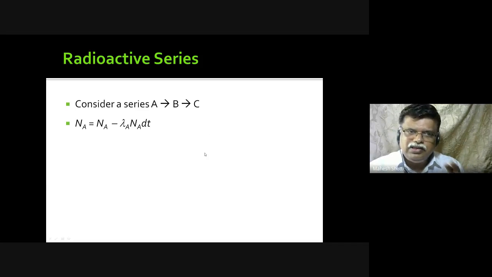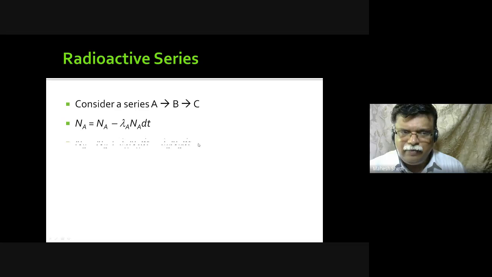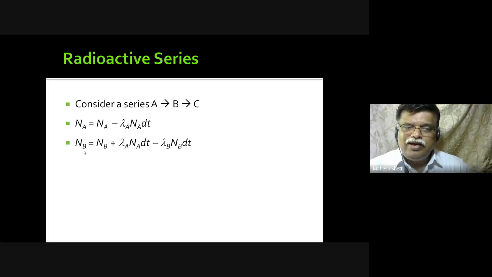Now what we do in this case is a very straightforward thing. You calculate the new value of A, NA, as the old value of NA. Now you see, this is not an equation, this is an assignment. So NA is assigned the old value of NA minus lambda A NA delta T. The new value of B is assigned the old value of B plus lambda A NA dt, because this is the rate at which B is getting produced.